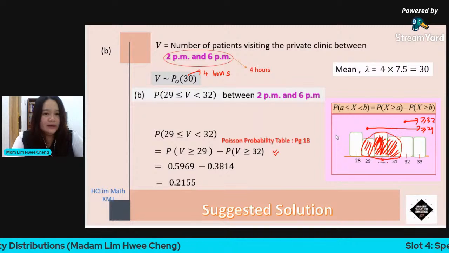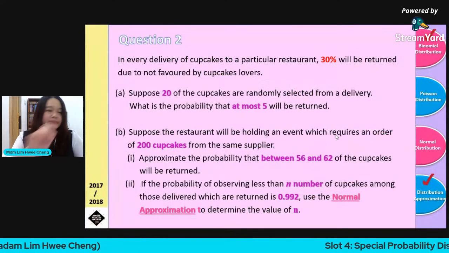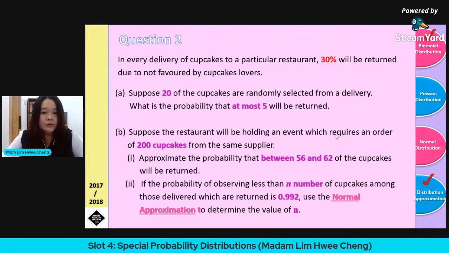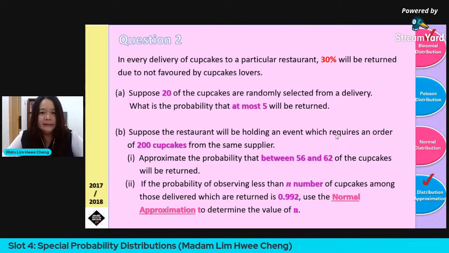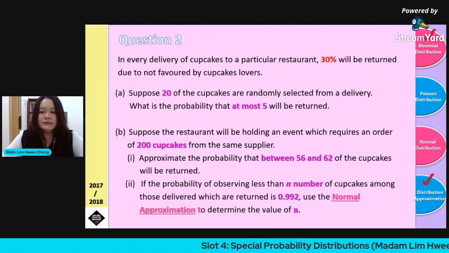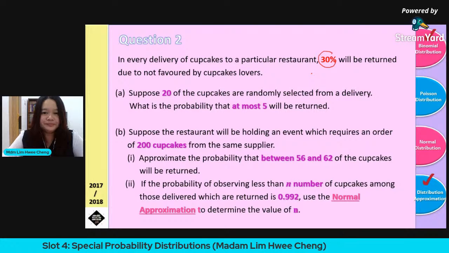Okay, so we have the second question. Question number 2 here. In every delivery of cupcakes to a particular restaurant, 30% will be returned because they are not favored by the cupcake lovers. So we read: ini adalah 30% akan return.